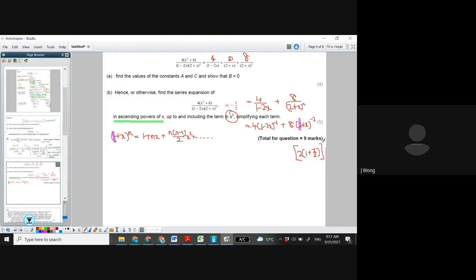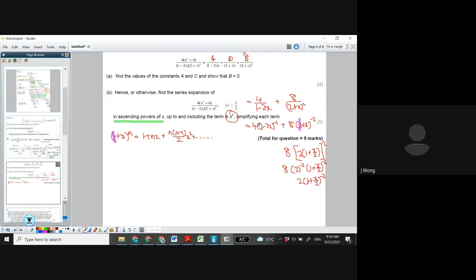So the entire thing's square bracket to the power of minus 2. So I have 8, then minus 2 as a power for 2, and 1 plus x over 2 to the power of minus 2, which that's why when you start this expansion, you should start with this form. So 8 times a quarter, which is 2 bracket 1 plus x over 2 to the power of minus 2. Okay? So this is how you should start.